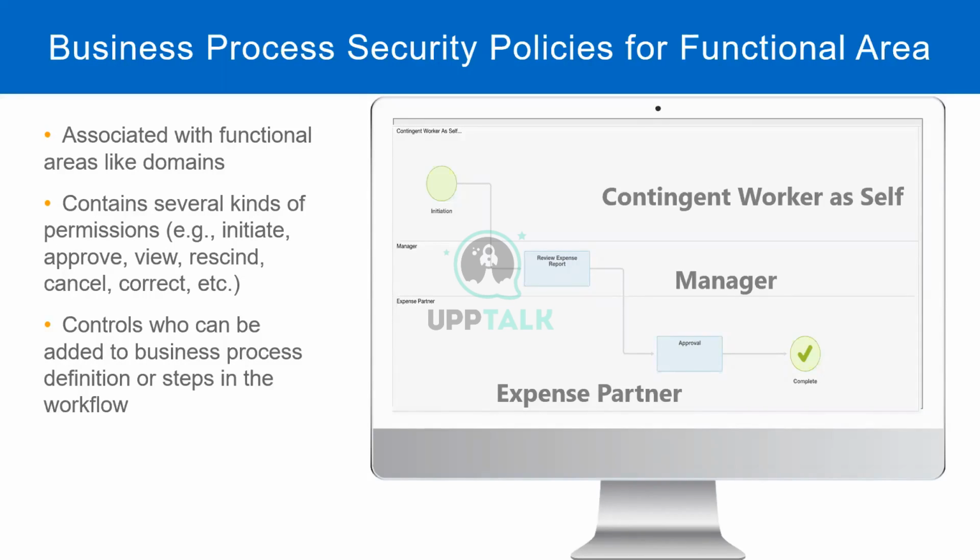Now, how do we define the drop-down list? How do we ensure who all are allowed in that particular step? That is what is controlled by the business process security policy as well. Who can do those steps in the business process definition? It's not up to our whims and fancies.